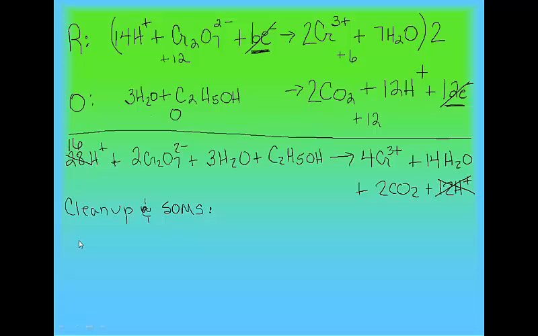So I have 16 hydrogens. It's an ion, so it's aqueous. 2 dichromates on the left, none on the right, so it stays as it is. It is an ion, so it is aqueous. I have 3 waters on the left, 14 on the right. 14 minus 3 is 11. Cancels out those guys.